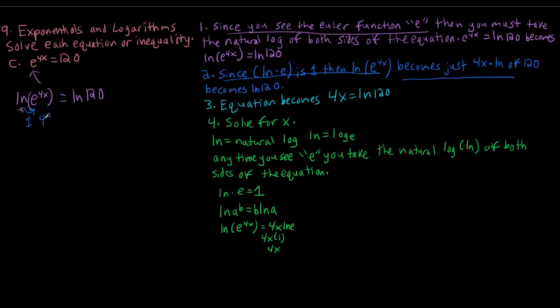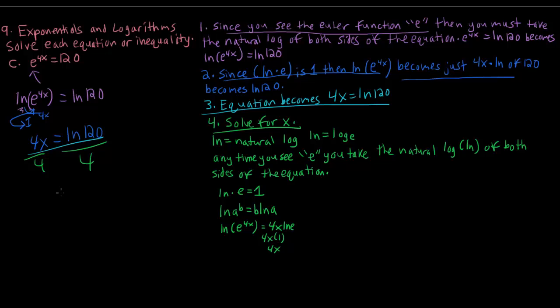And when you have the power raised, you bring it to the left of the equation, so you have 4x equals ln 120. That's step 3. And then step 4, you just go ahead and solve for x. So you can just divide by 4, and x equals ln 120 divided by 4.